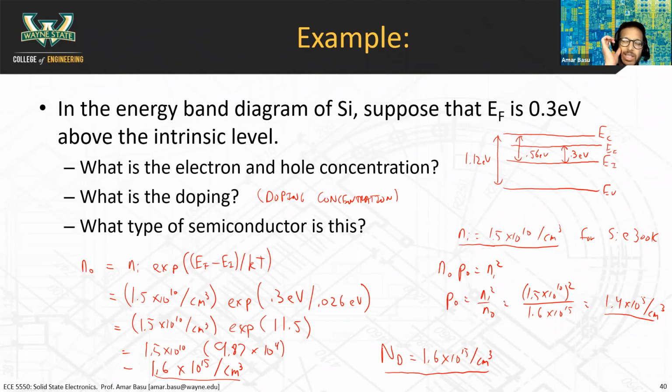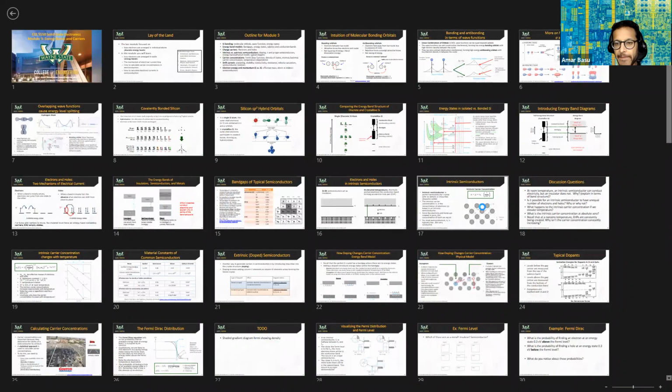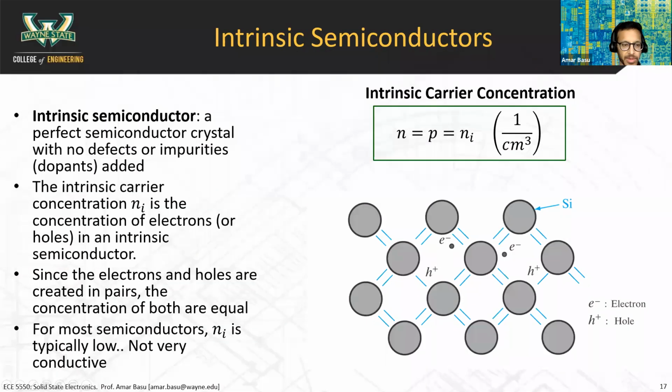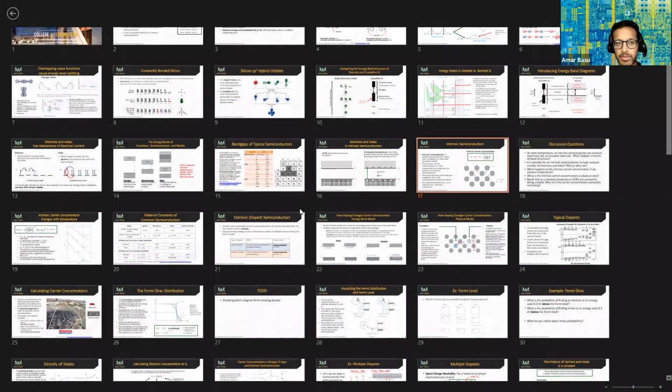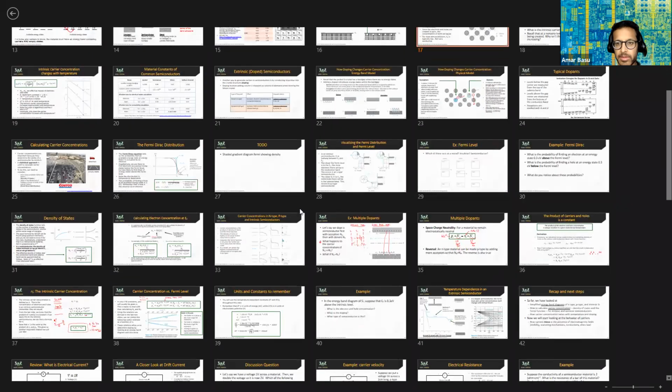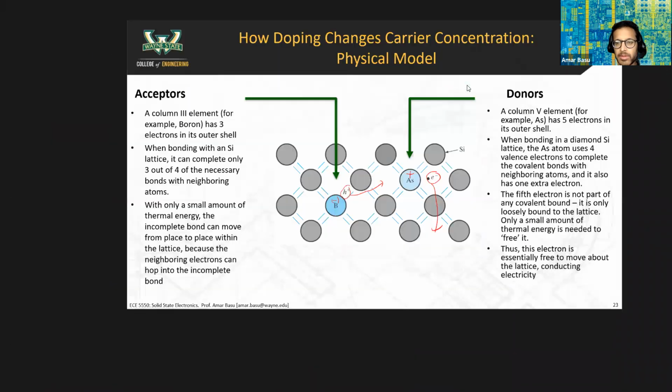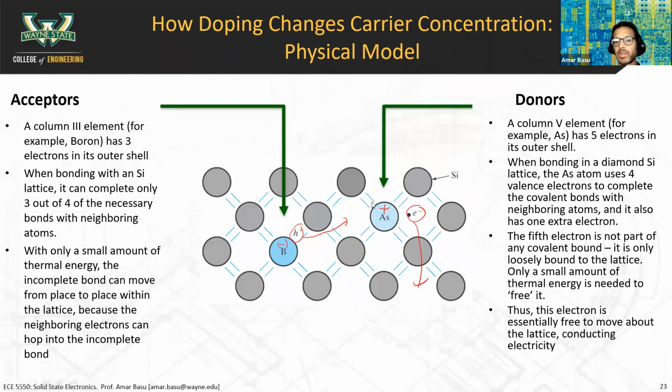Our mental model is that for every arsenic or other column 5 element that we put in there, it provides a single extra electron.